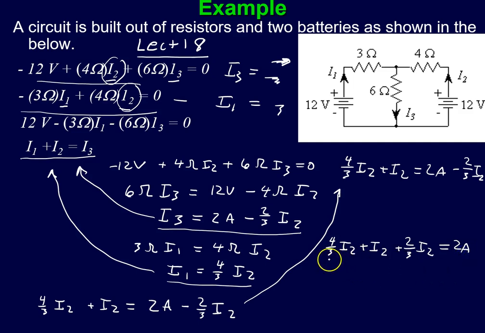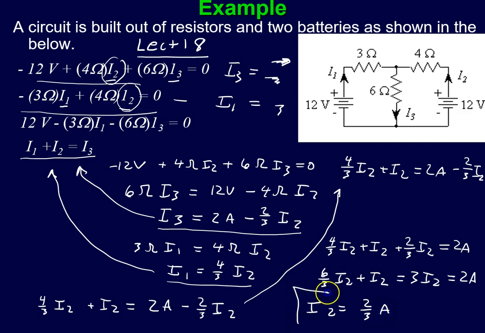Now the 4/3 and the 2/3 will be 6/3 I2 plus I2, but of course 6/3 is just 2, so 2 I2 plus I2 gives me 3 I2 equals 2 amps. Now if I solve for I2, I get 2/3 of an amp. That's my first one, I2.